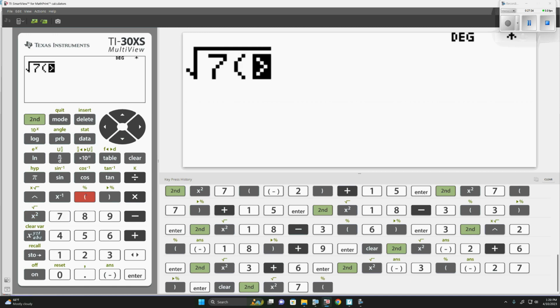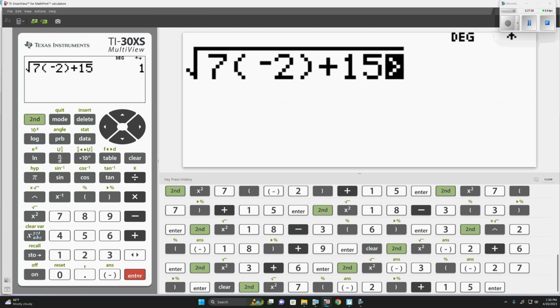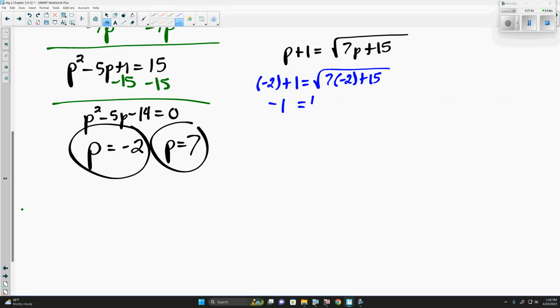Square root of 7 times negative 2 plus 15 is 1. That's not true. So p is not equal to negative 2. Yes. Well, 7 plus 1 is 8.